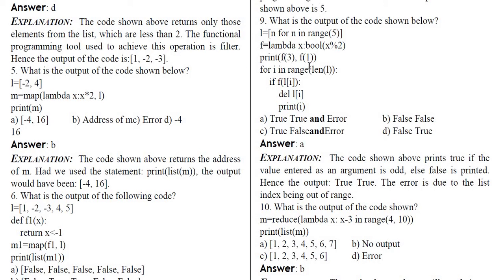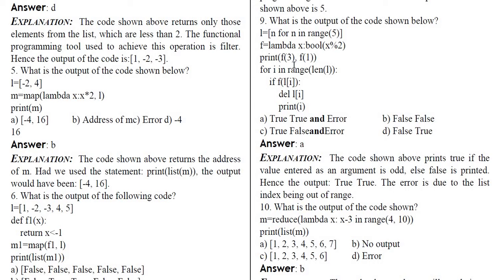It will print f(3) and f(1), for i in range of the length of the list, print. So what it will print is true if the value entered as an argument is odd, because of the modulus sign; here both the arguments are odd, so it will print true, else it will print false.